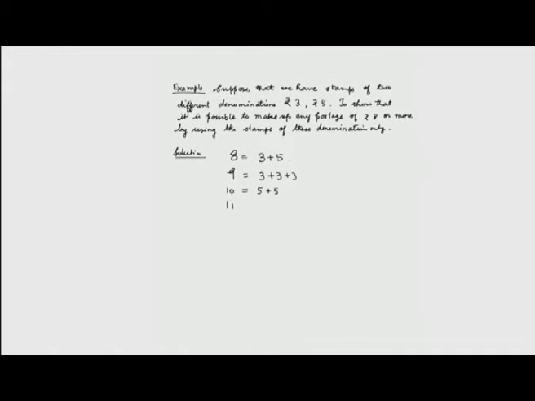Now, if we come to 11, 11 can be written as 5 plus 3 plus 3. So, we see that at least for the first few consecutive possible postages, we can make up those postages by using the denominations of rupees 3 and 5.